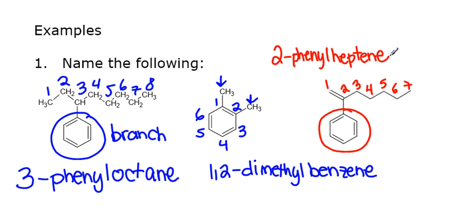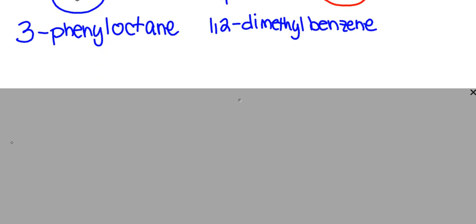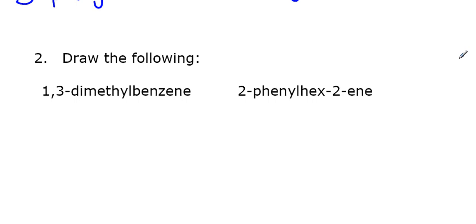Hopefully that gives you a taste of how some of the names and structures work together. Now that we've done those, why don't you give some a shot where you're drawing? Even though we haven't practiced these, I think based on what we just did, you'll be able to figure them out. So pause the video, try them out, and we'll take a look at the answers.